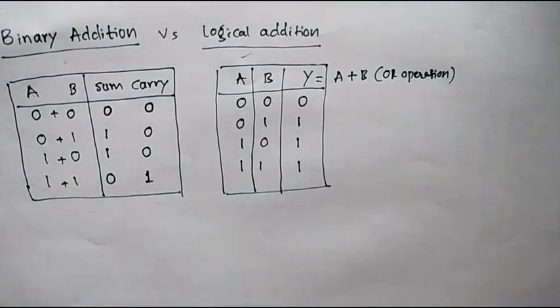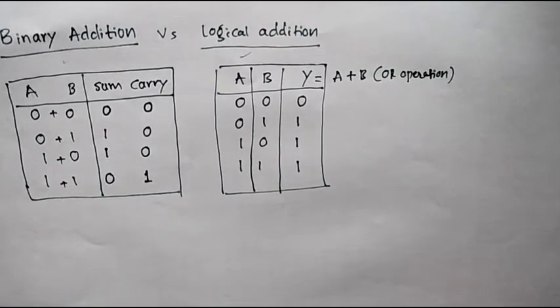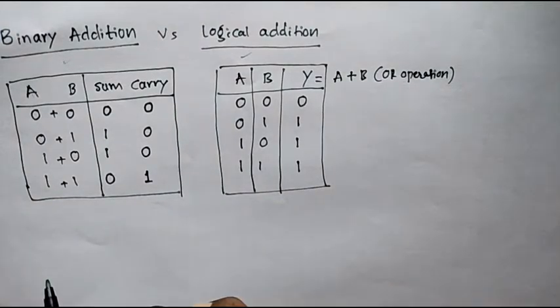So binary addition is equivalent to decimal addition, whereas logical addition is equivalent to OR operation. Arithmetic addition of two binary numbers is similar to decimal arithmetic.